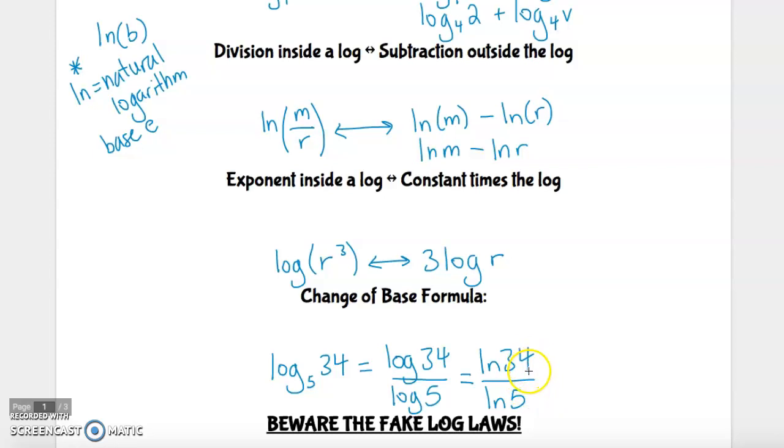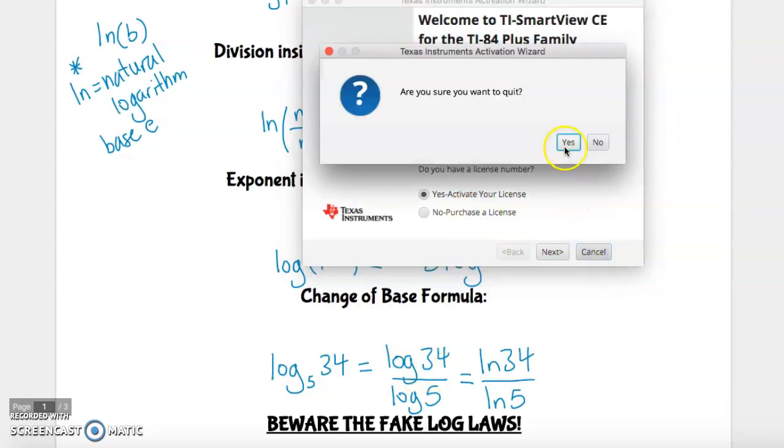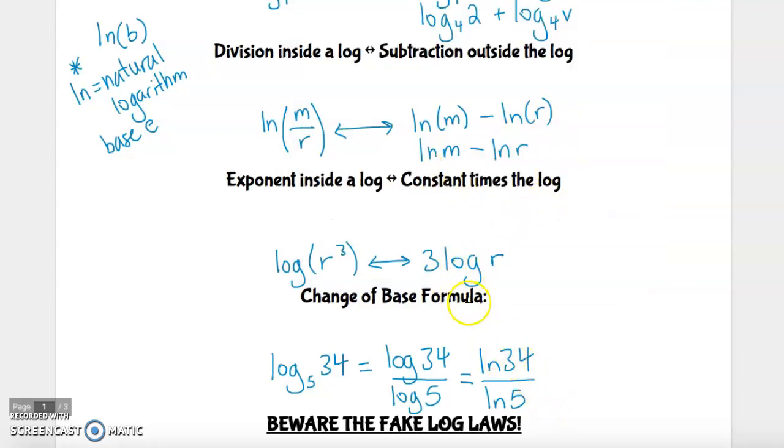And I tend to use natural log more just because natural log occurs a lot with e and such, and regular common logs only work with regular numbers. So on your calculator, your natural log button is directly next to your 4.